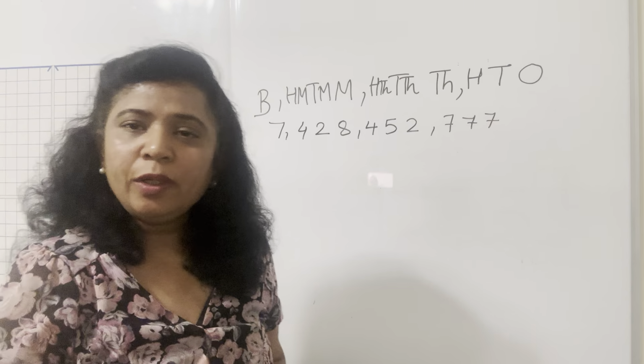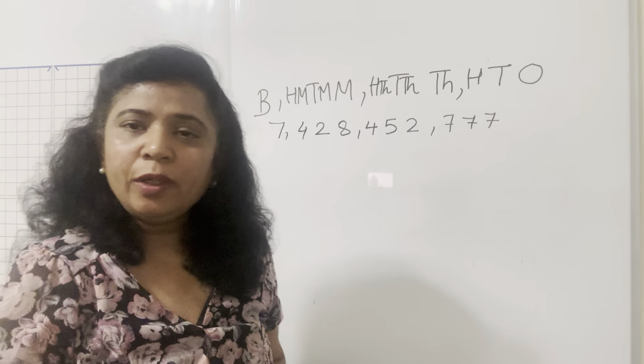To skip 1, 2, 3 and 4, it is 10,000 times. So this 2 is 10,000 times of that 2. So it is very important to learn the relationship between the place values, how they are affecting each other.